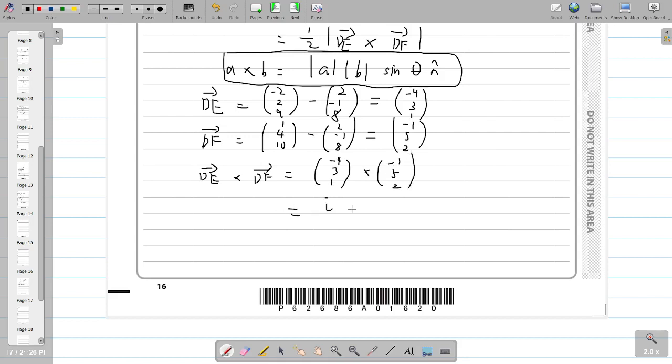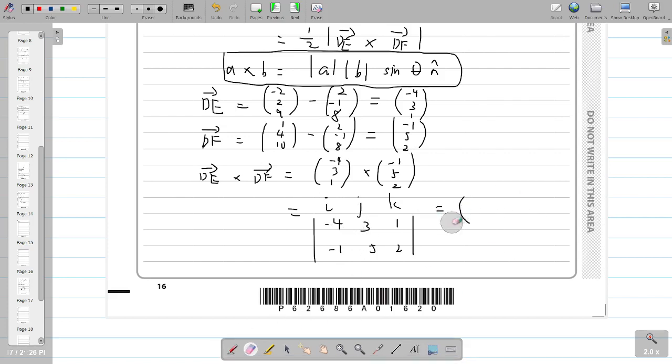So we're going to use the general cross product notation. All right, so we're going to have to solve this with a cross product. So this is going to be equal to 6 minus 5, so it's going to be 1. Negative 8 plus 1, negative 7, positive 7. Negative 20. All right, so I'm just going to write out what we're doing. It's 3 times 2 minus 1 times 5.